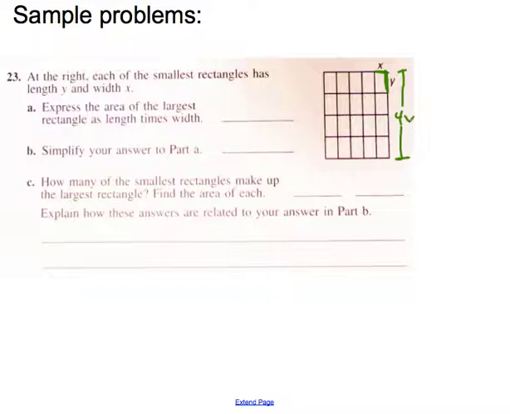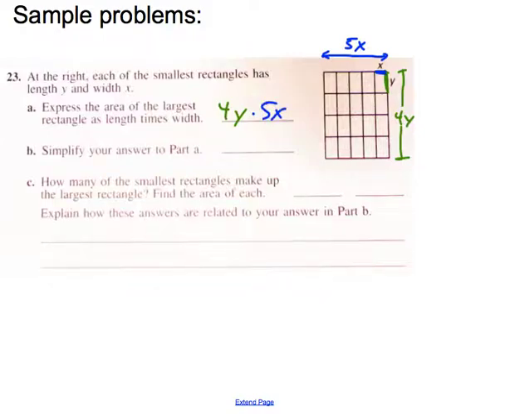That'd be 4y. Since this was x, the entire width would be 5x. 5 of those x's is 5x. So the length times the width would be 4y times 5x.